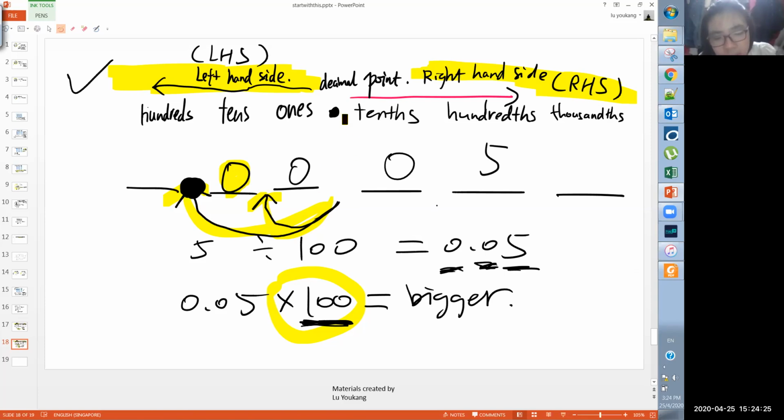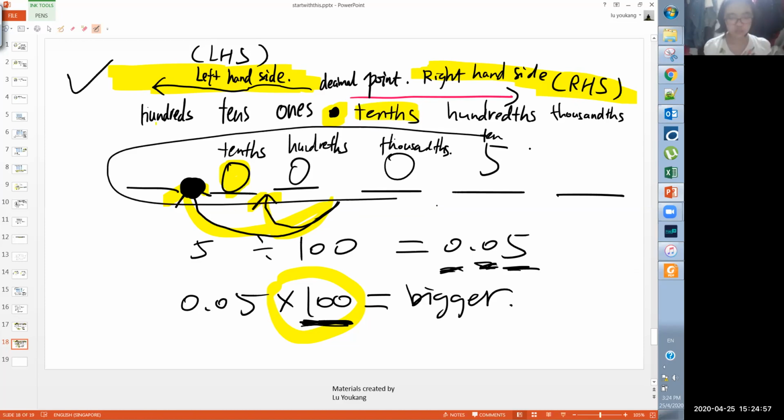Look at the scale. Decimal point is here. The right hand side of the decimal point is what position? Tens. So this is your tens. Then this one will be your hundreds. Then this one will be your thousands. Then this one will be your 10,000s.